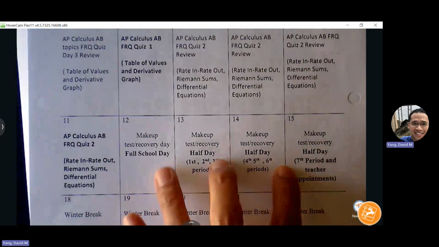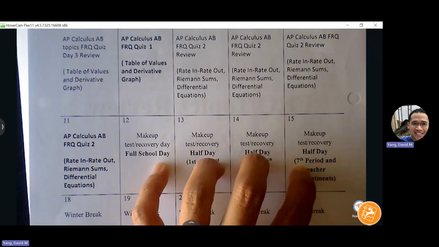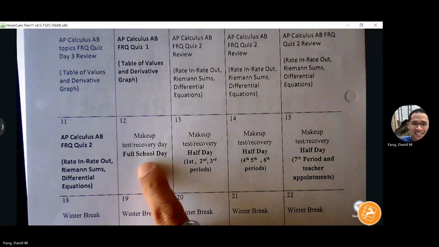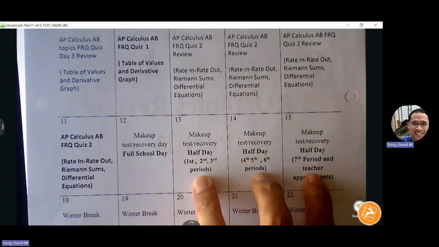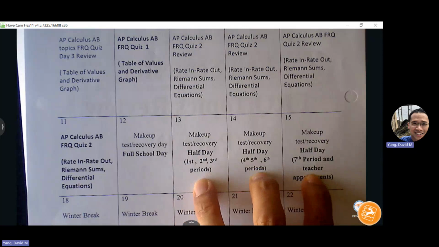And then the remaining days are just recovery days. I'm really just going to spend Tuesday trying to finish all the grading for my AB and my BC students and identifying the grades that are below 75 so that you have a chance to recover them if you want to that Wednesday, Thursday, Friday.